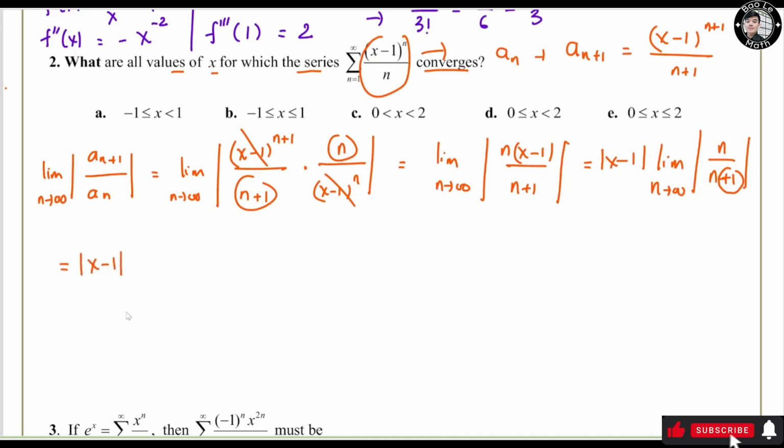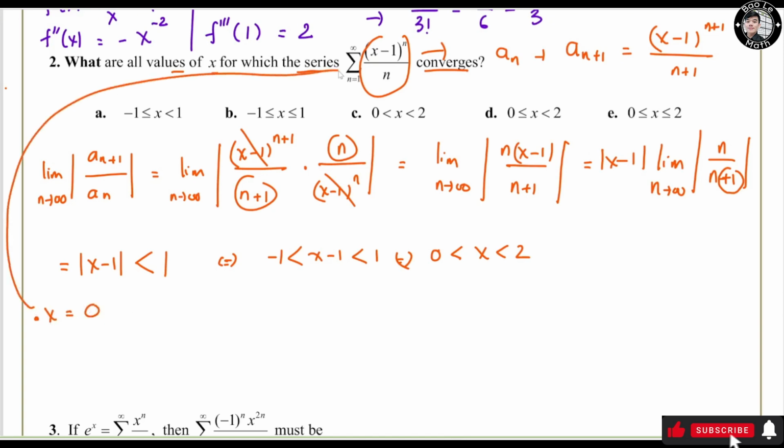Now in order for this series to be convergent, this must be less than 1 by the ratio test. So this is the same thing as s minus 1 less than 1 and greater than negative 1. Now we add 1 to all sides, so 0 is less than s is less than 2. Now we need to check the endpoints. S equals 0, substitute 0 for s back into the original series.